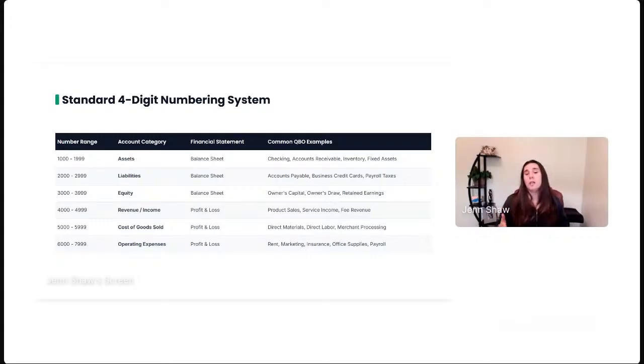That's where people tend to dive into numbering systems. But if you don't have a ton, let's say maybe 20 different line items on your profit and loss and maybe 8 or so on your balance sheet, maybe numbering isn't for you. Maybe that's just complicating it. That's just a general overview of what this might be.